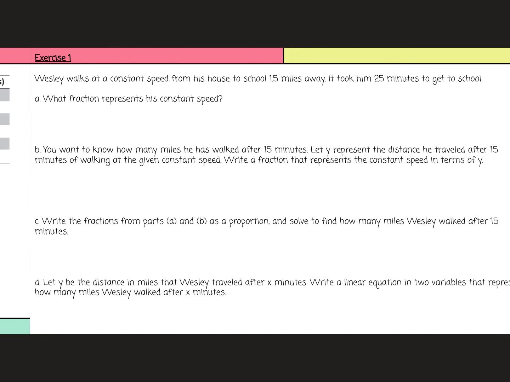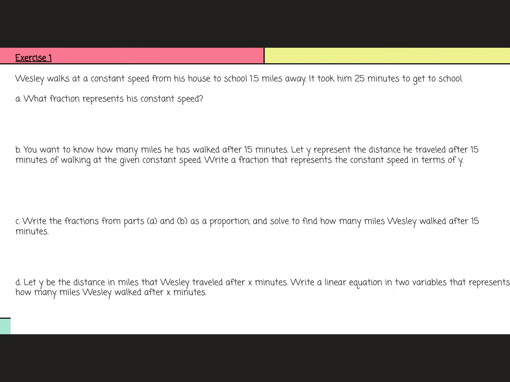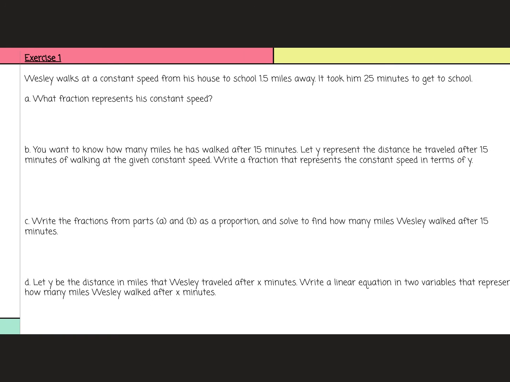All right, now we're going to start looking at problems that don't have a table with it. So we have to use the values that they give us, again using that proportional relationship to help us find it. It says Wesley walks at a constant speed from his house to school 1.5 miles away. It took him 25 minutes to get to school. So it says, what fraction represents the constant speed?